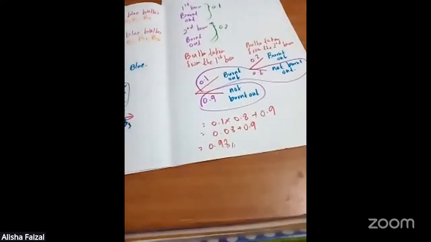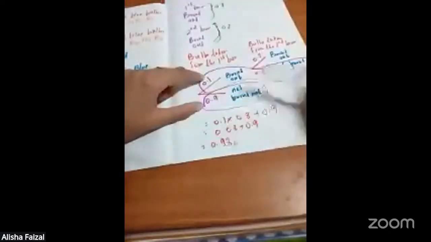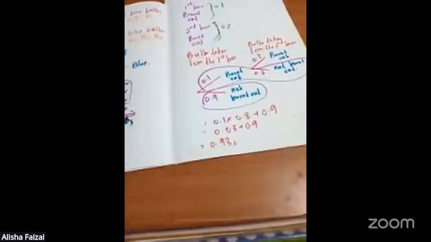Any confusion? When there are two different trees, you multiply the outcomes along one, and for the other, where there's nothing more, you just add it. That's how you do it.